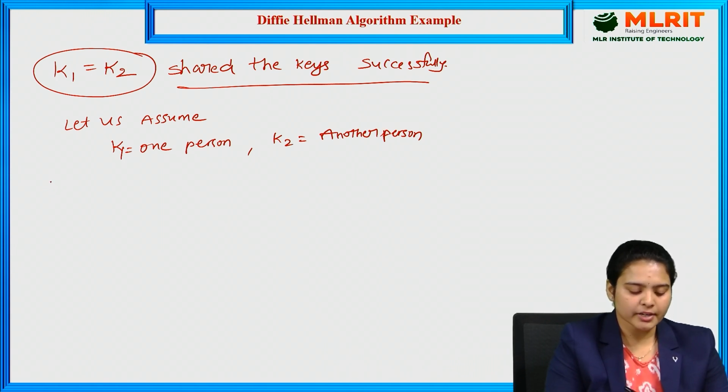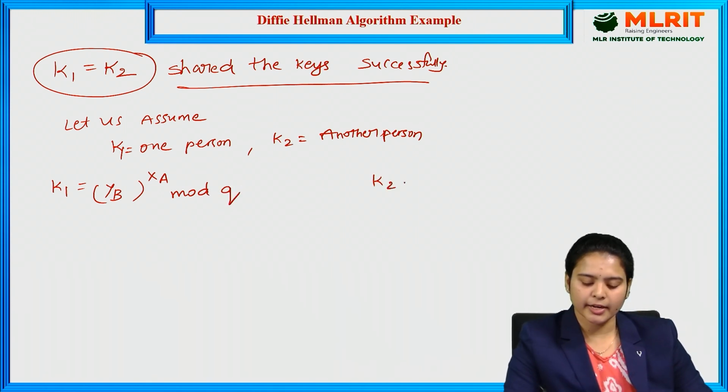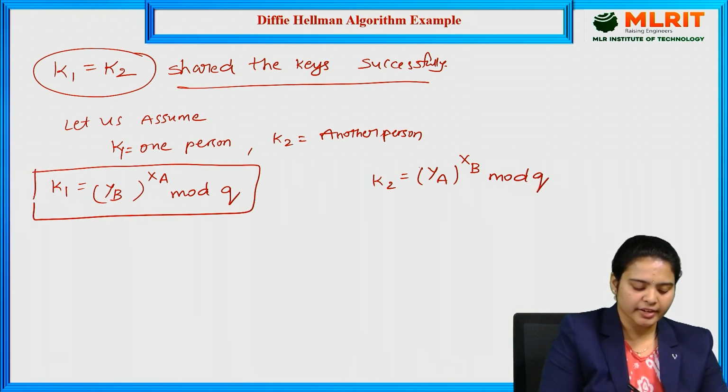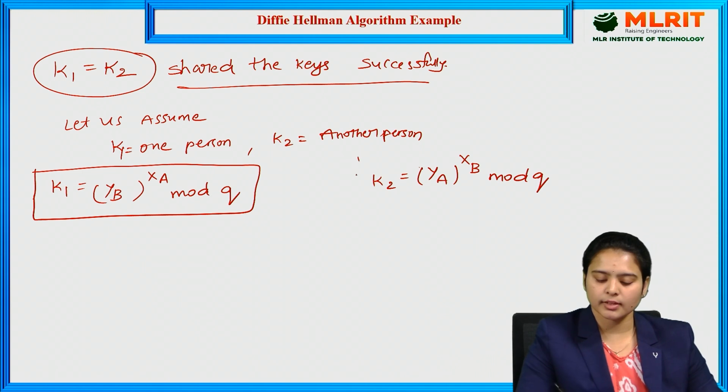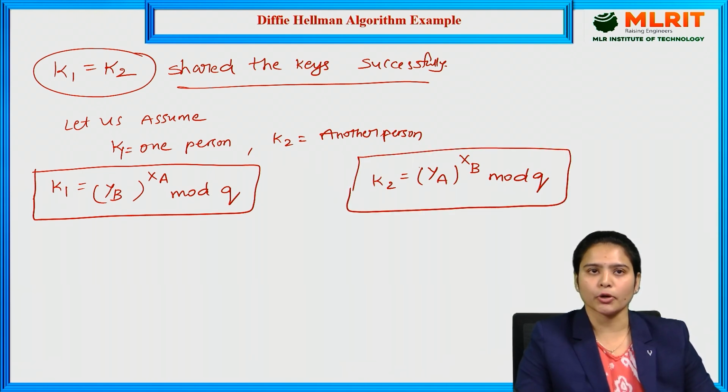K1 equals YB power XA mod q, and K2 equals YA power XB mod q.